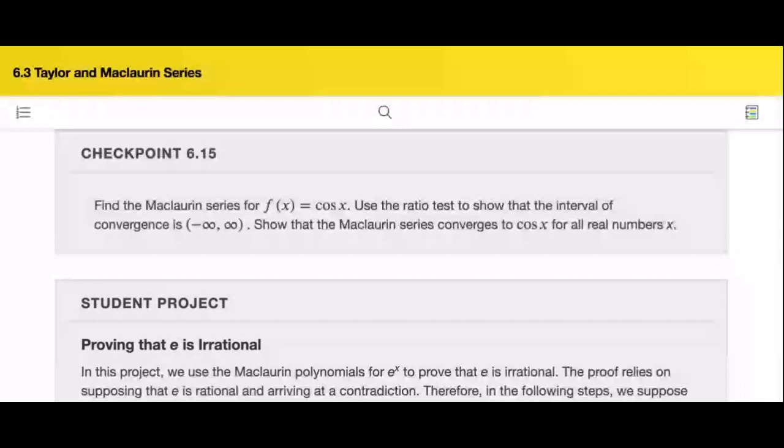I better put the parentheses around. Negative x raised to 2n, because it starts with 1. So the first term is 1. Then divided by 2n factorial.